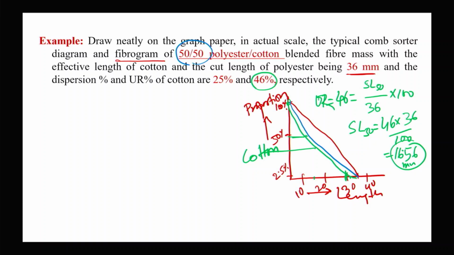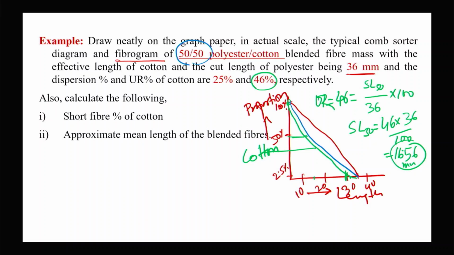What we have to calculate for the blended mass is the cut length and the typical uniformity ratio from the diagram. So the short fiber percent of cotton and the approximate mean length of the blended fibers, these two will come. The short fiber percent, as we have already discussed, is from the shorter diagram.